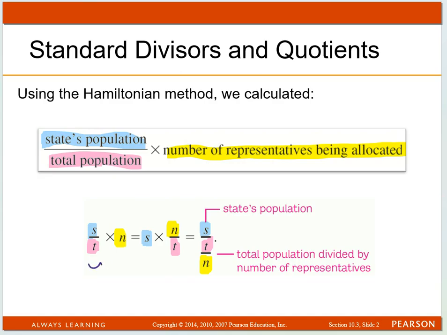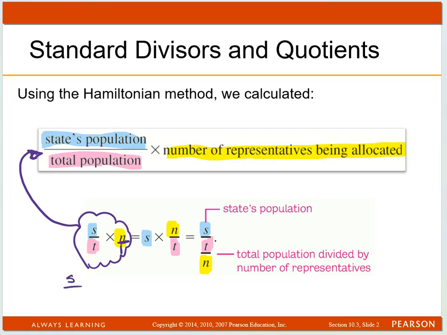When you look at this part right here, that is what this is saying. Take the state's population, divide it by the total, and multiply times N. But N over here is really like N over 1.